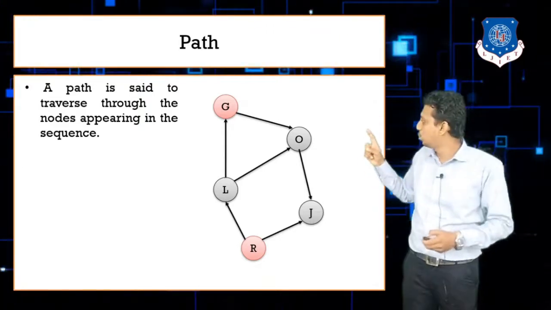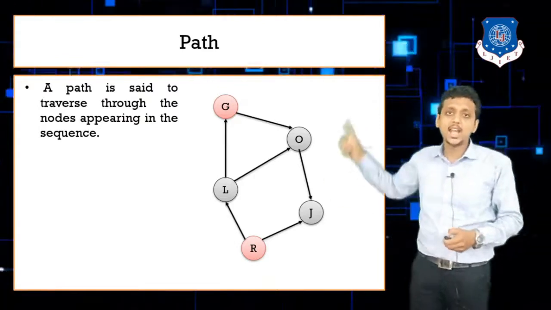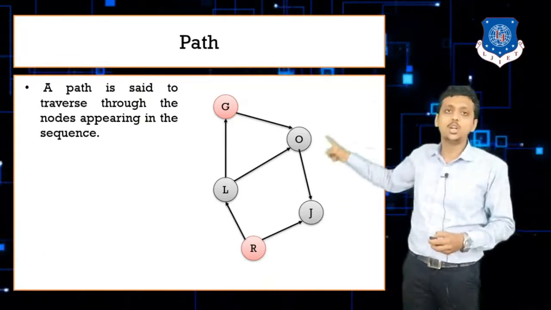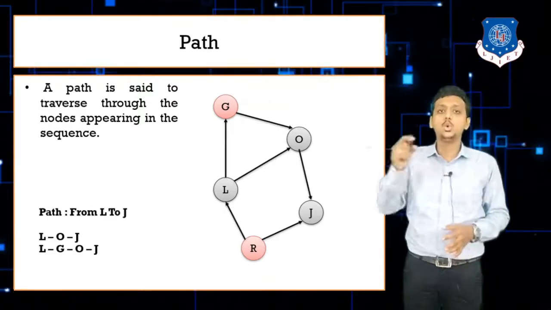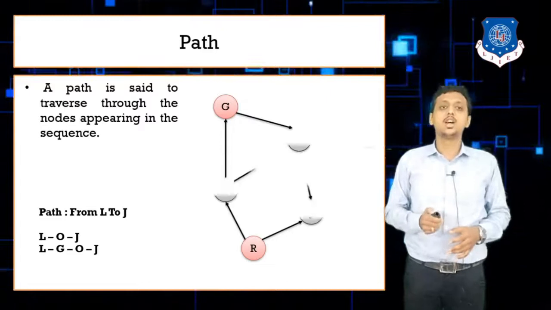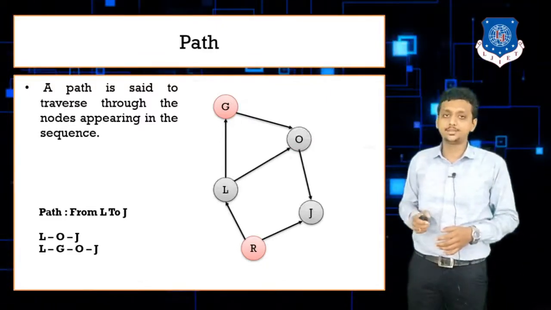First I go with L, then L to O, O to J. So this becomes my path: L, O, J.